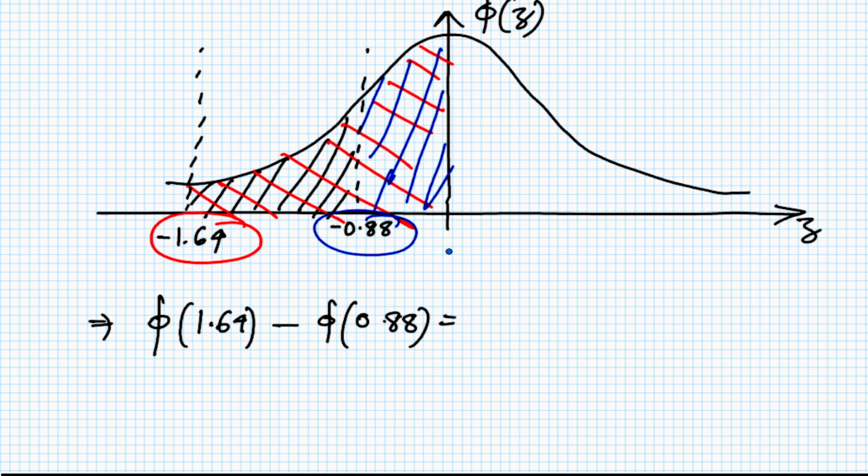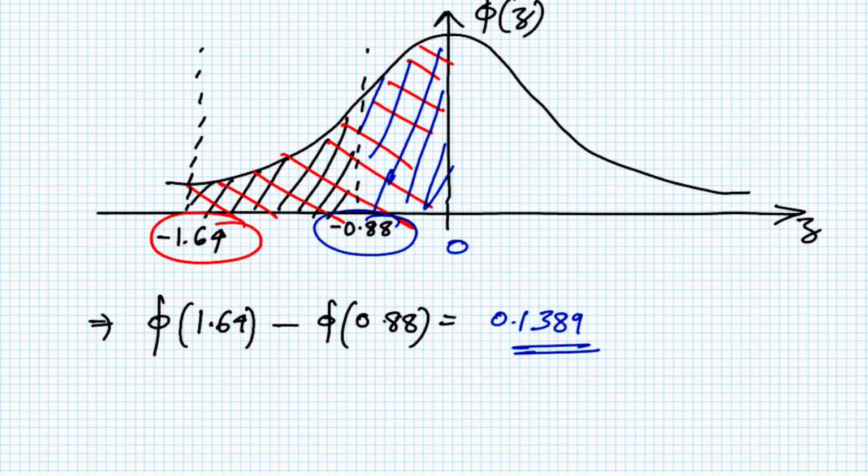So simply do this calculation. I think the answer comes the same. Everybody has written 0.1389. Those who didn't get this answer, please verify, apply the same procedure which we have done so far, and you will be able to get that.